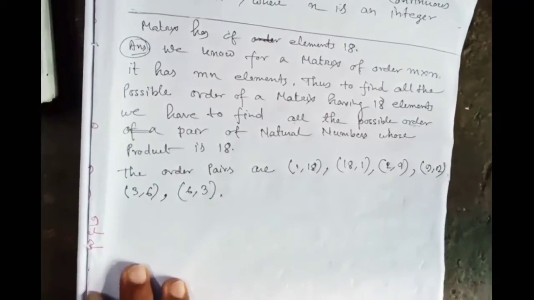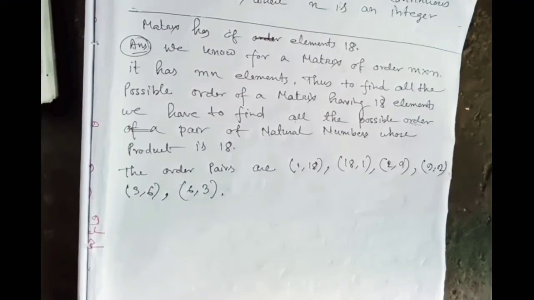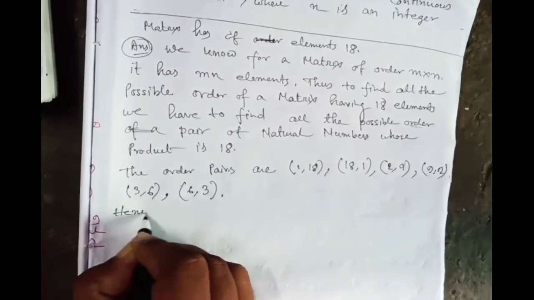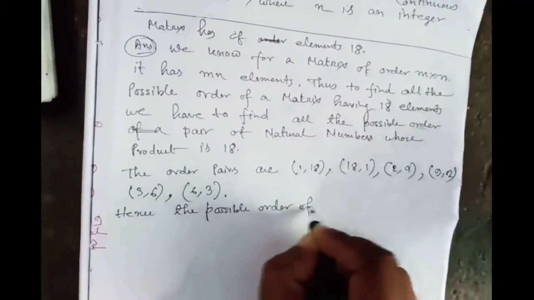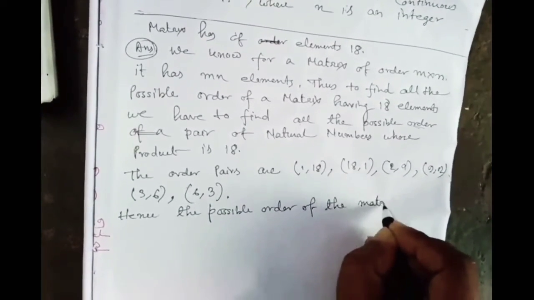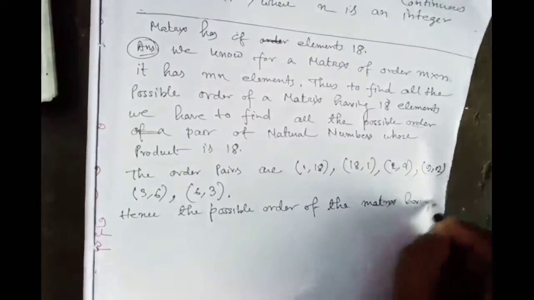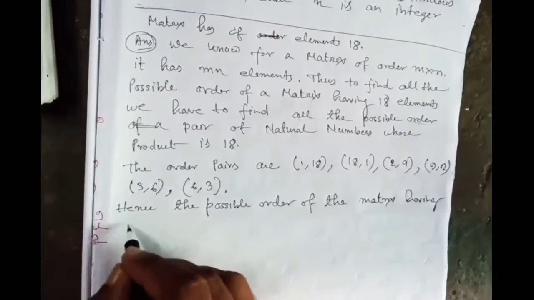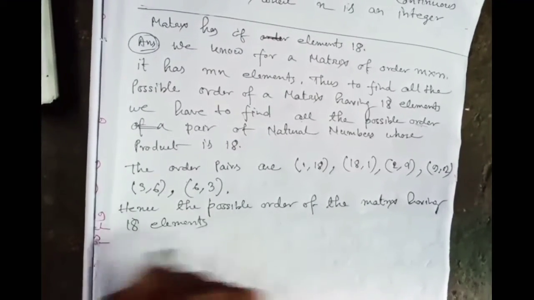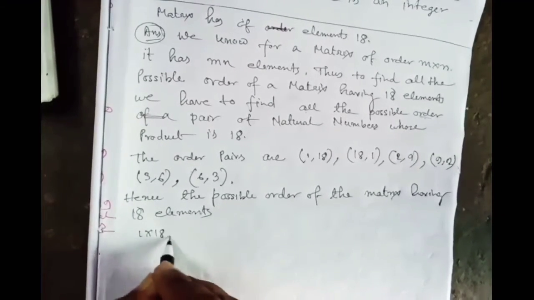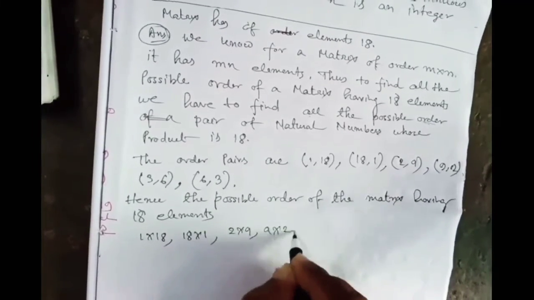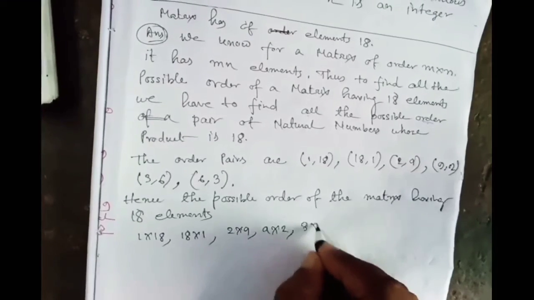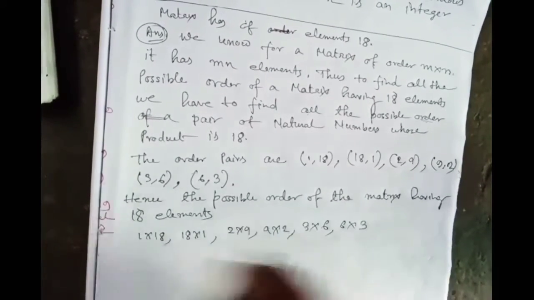Okay, hence the possible orders of the matrix having 18 elements will be 1 cross 18, 18 cross 1, 2 cross 9, 9 cross 2, 3 cross 6 and 6 cross 3.